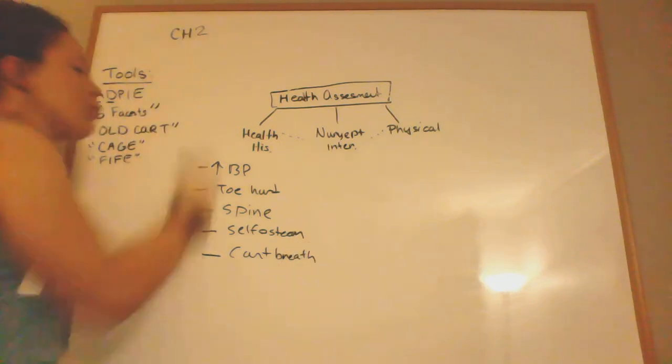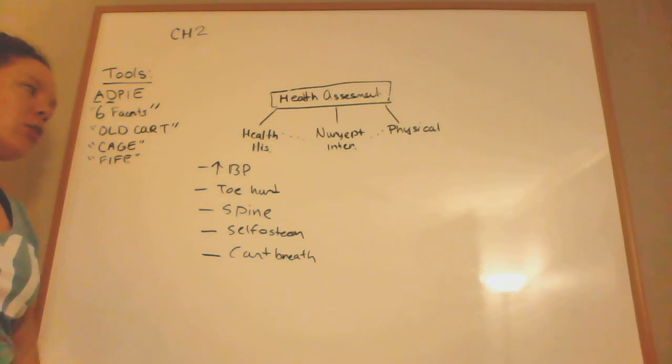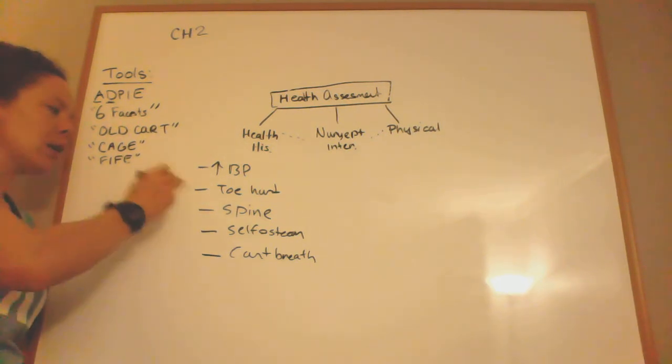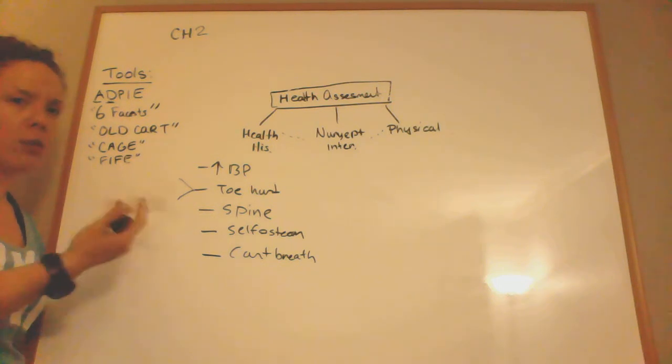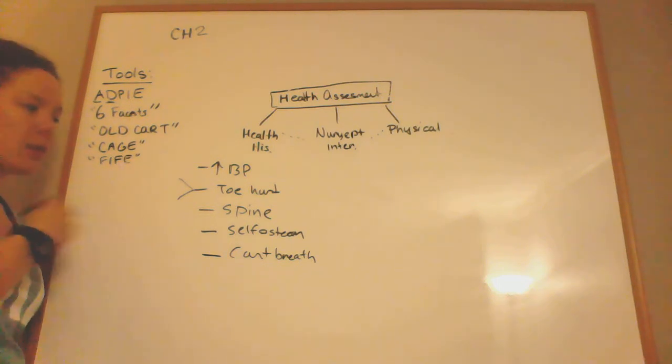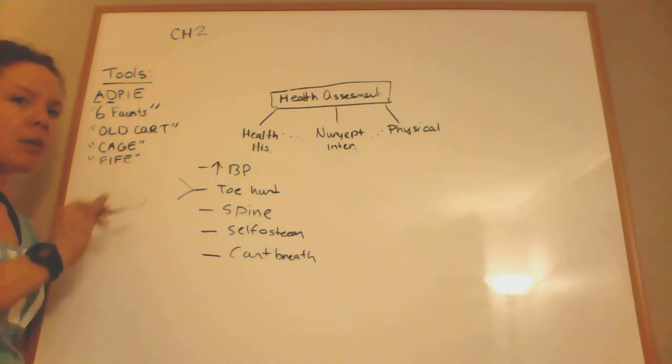So I'm looking at this problem list, and through it I've got to figure out what is the most important. There might be concern about the toe hurting, but at no point is that really going to be life-threatening. In comparison to the other things, that might not be as important.